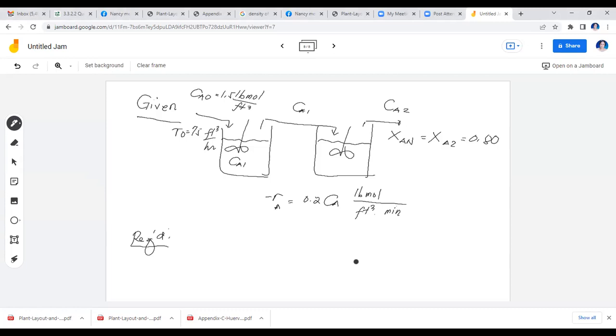So you are required to find T, or let's say we'll have it represented as T prime. So that's the time after the two CSTRs were disconnected.